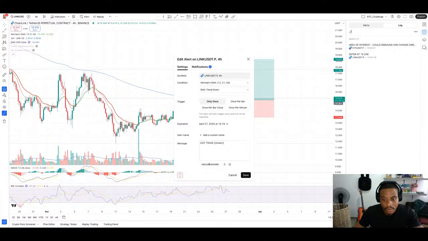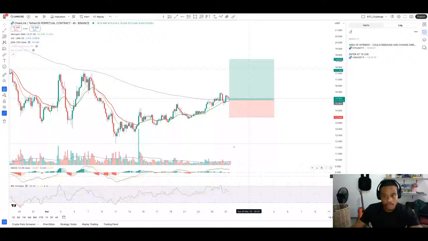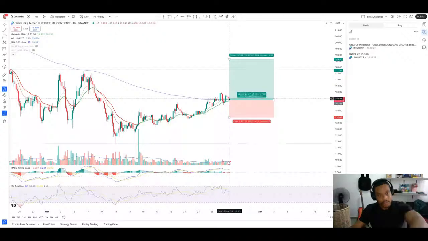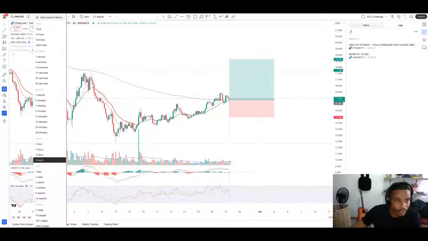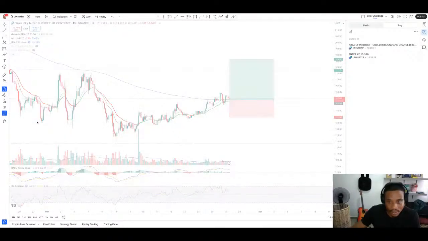You can also put it once it changes color. So basically, once the 21 EMA, the 12 EMA, okay, this is going down. Or what I do is I go a bit lower, to this one, which means I need to monitor it maybe 15 minutes.